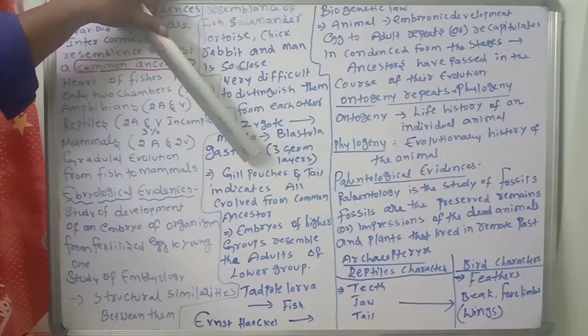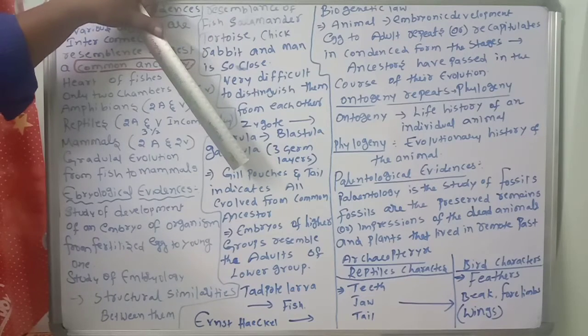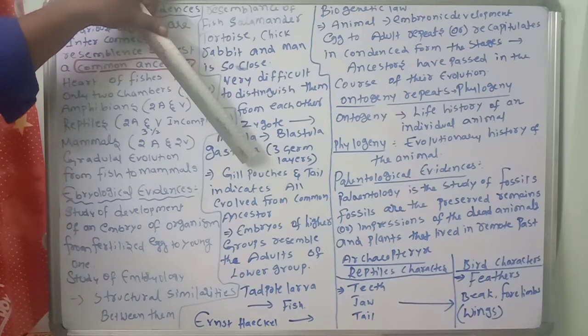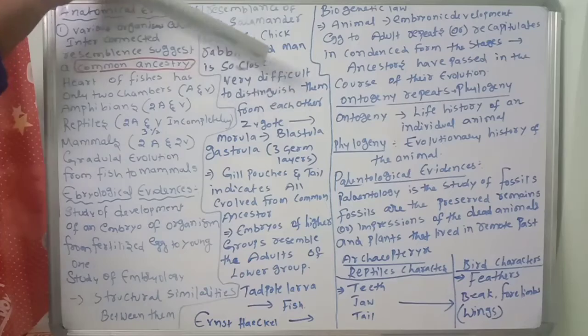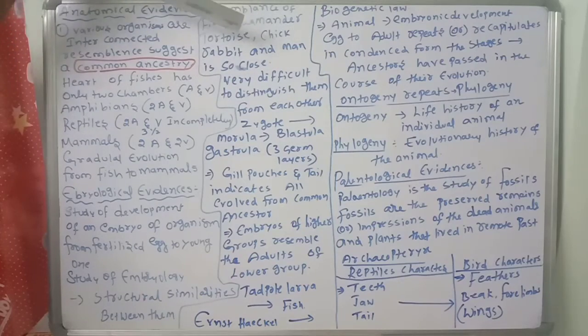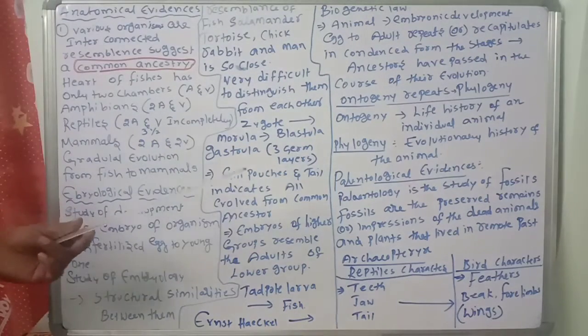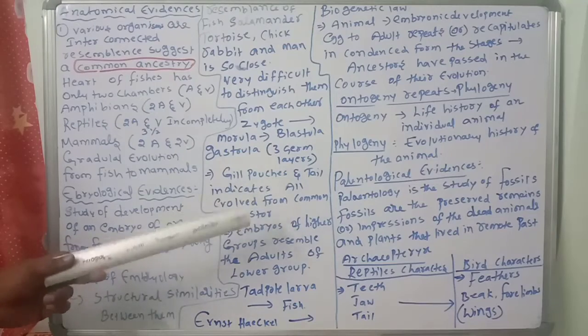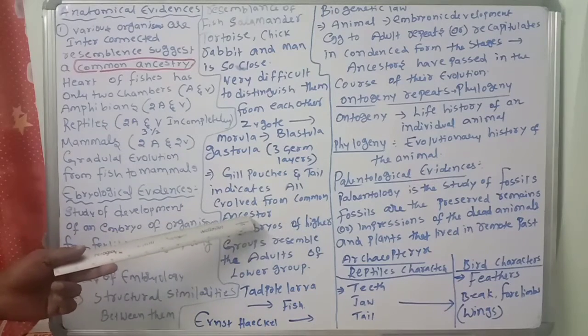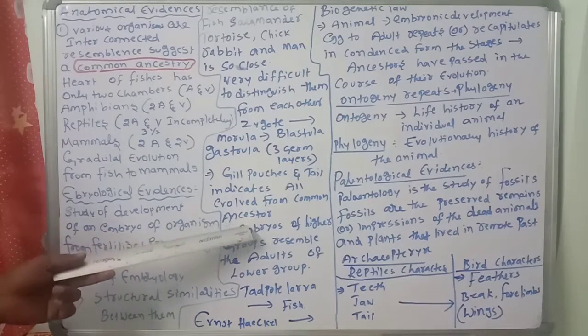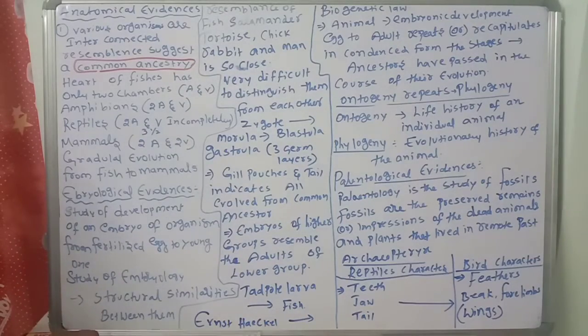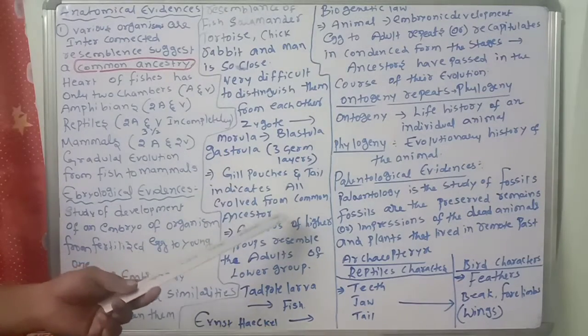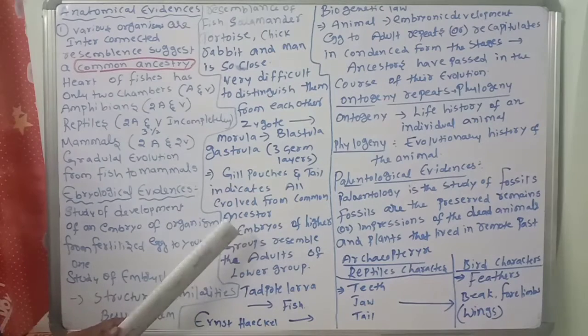All these had gill pouches and a tail in the embryonic stage. Fish, salamander, tortoise, chick, rabbit all have gill pouches and a tail, which indicates all evolved from common ancestors. All are showing similar characters. That's why all evolved from common ancestors.